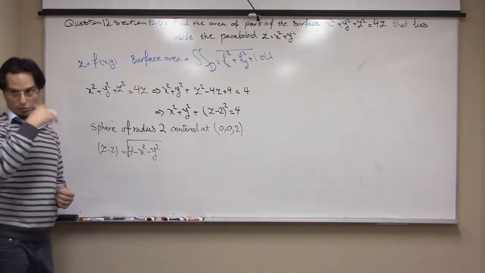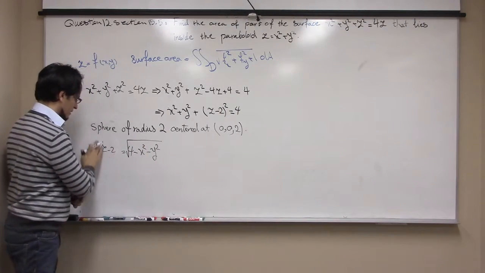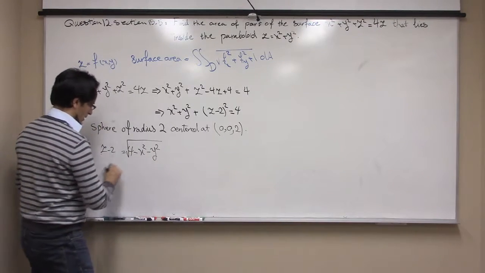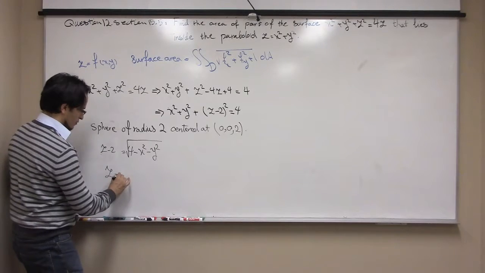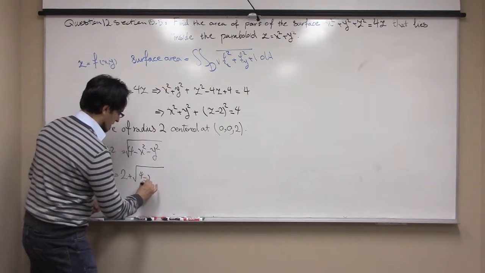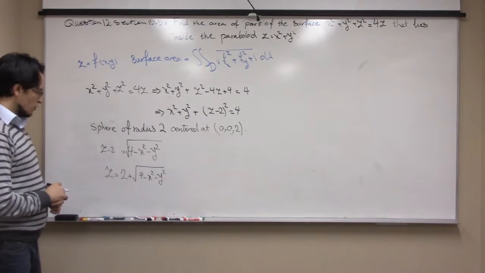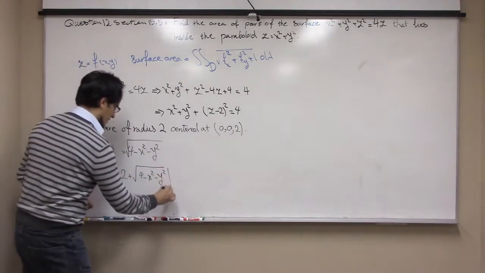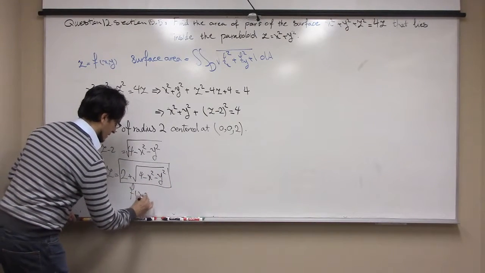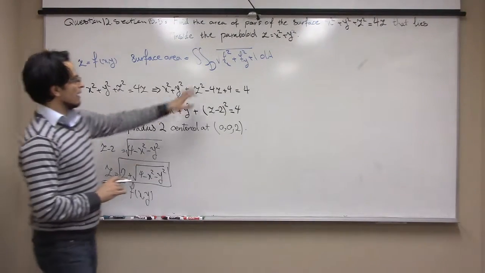I'm just going to take the upper part, which means I consider the positive root, and then add 2 to both sides, so z is going to be 2 plus the square root of 4 minus x squared minus y squared, and that's my function, f(x, y).